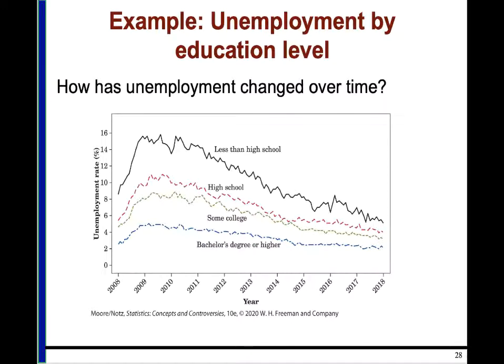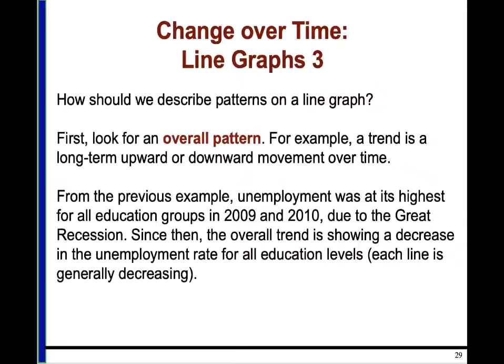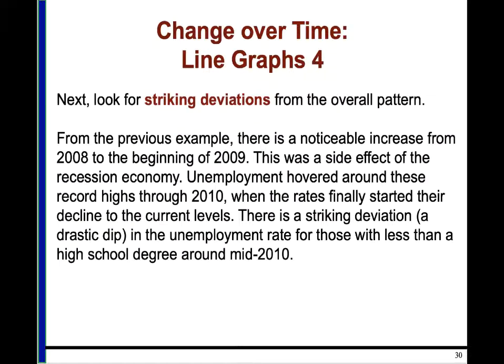So these line graphs can really help you visually look for an overall pattern. You're looking for an upward or a downward trend over time. So in that last example, you can see that unemployment was the highest for all education groups in that 2009-2010 timeframe. Another thing you want to look for on line graphs are any striking deviations. Are there any places that seem to be much different than what's happening in the rest of the graph?